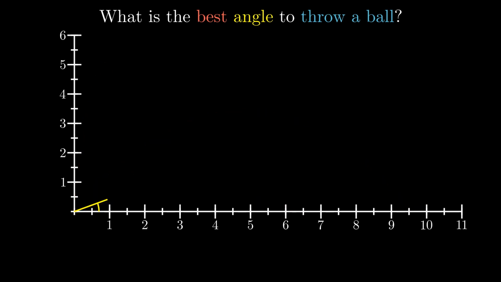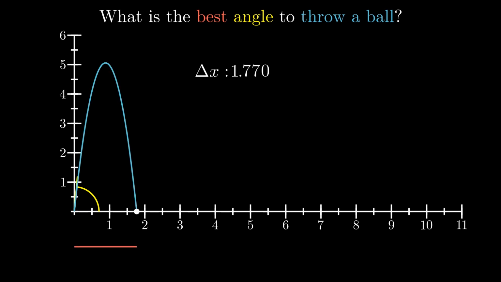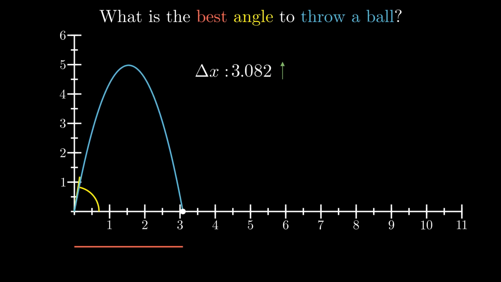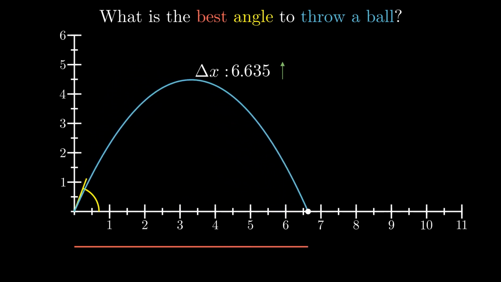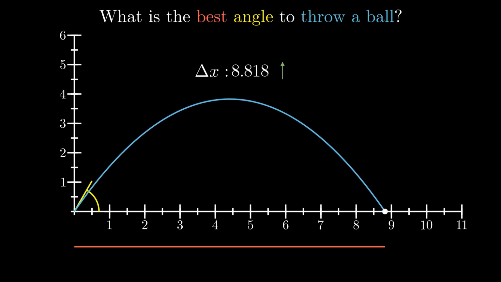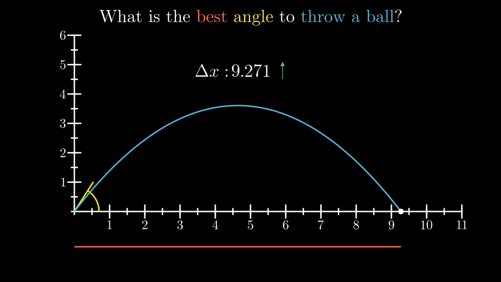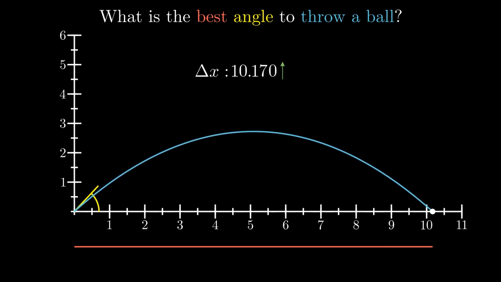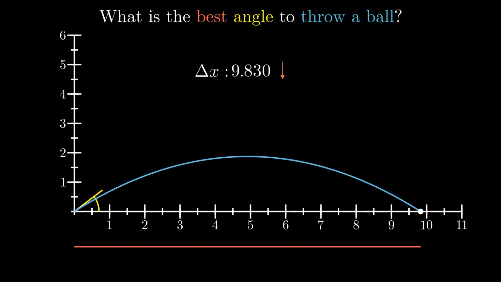So let's measure it. We throw the ball and vary the angle we throw it. Here we have all the possible different arcs we could get by varying the angle. Decreasing the angle, we can see that the range keeps increasing until some point where it flips around and starts to decrease.